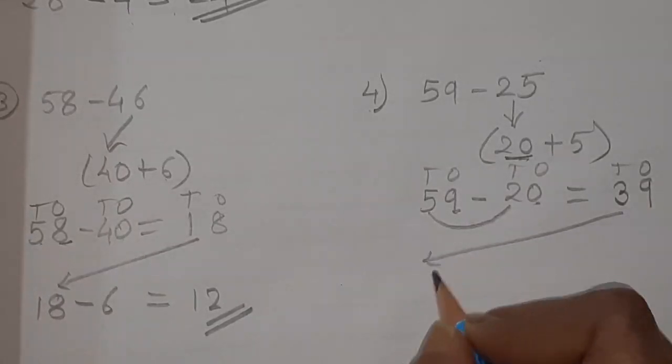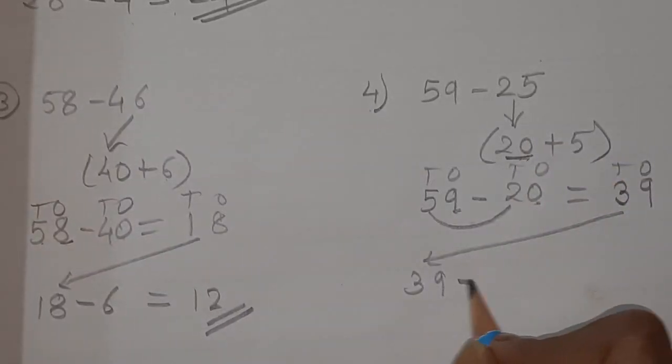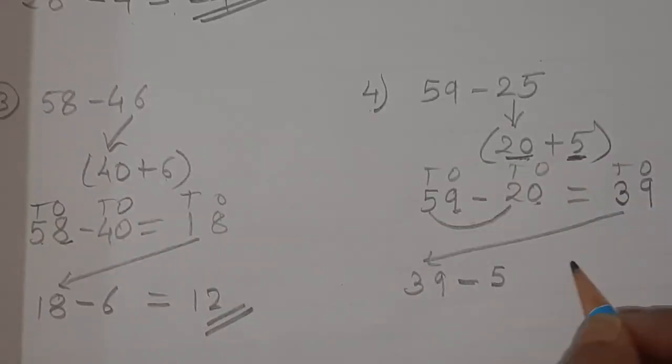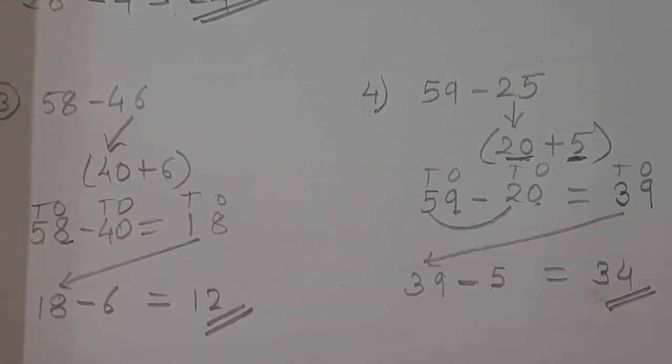Now 39 you have to take first. Cut 5. 5 we have taken from here. So 5 you have to cut. Count backward. 38, 37, 36, 35 and 34. So your answer is 34 here. This is called mental subtraction. You can also try taking different numbers in your notebook.